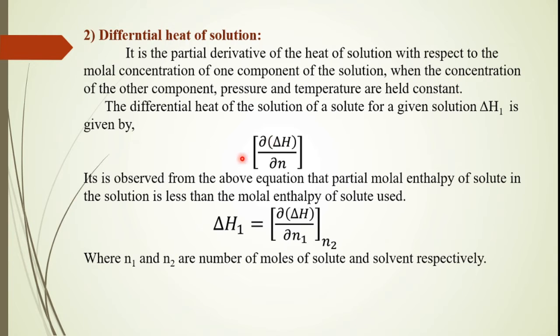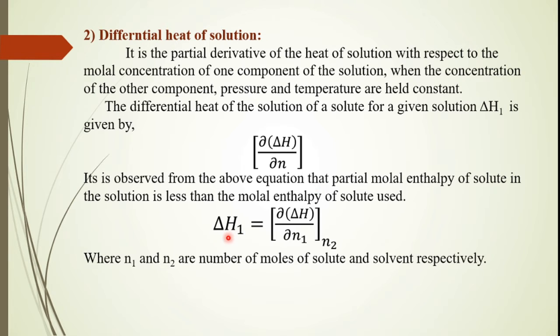So now you know the partial derivative. Partial derivative is denoted by this sign, ∂. So it is the change in the heat of solution with respect to the change in concentration of one component, that is ∂/∂n. It is observed from the above equation that the partial molar enthalpy of solute in the solution is less than the molar enthalpy of solute.